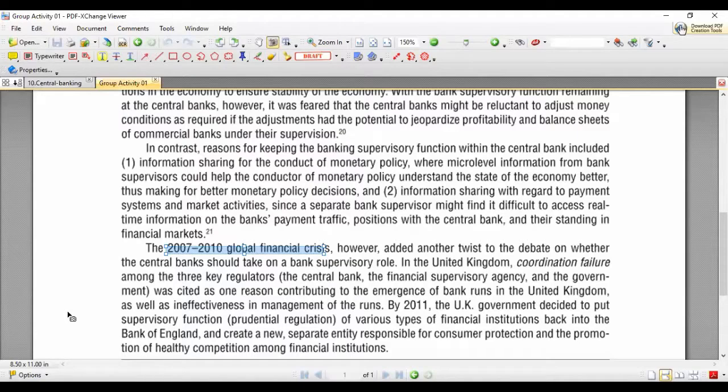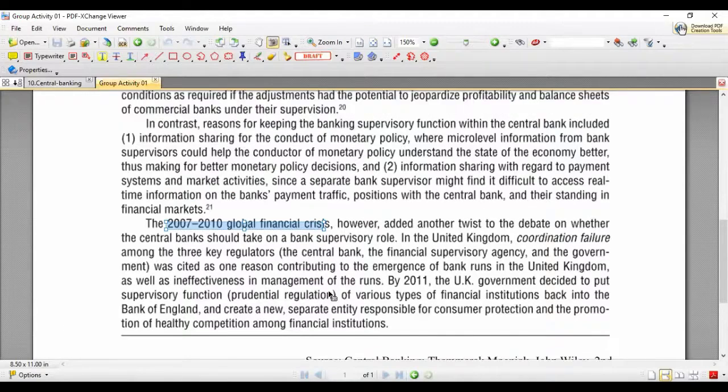So most central banks took on the supervisory function again after this financial crisis. So they say that instead of having a separate entity, it is beneficial and rational for a central bank to have the supervisory function with them. So that's what this case study is about.